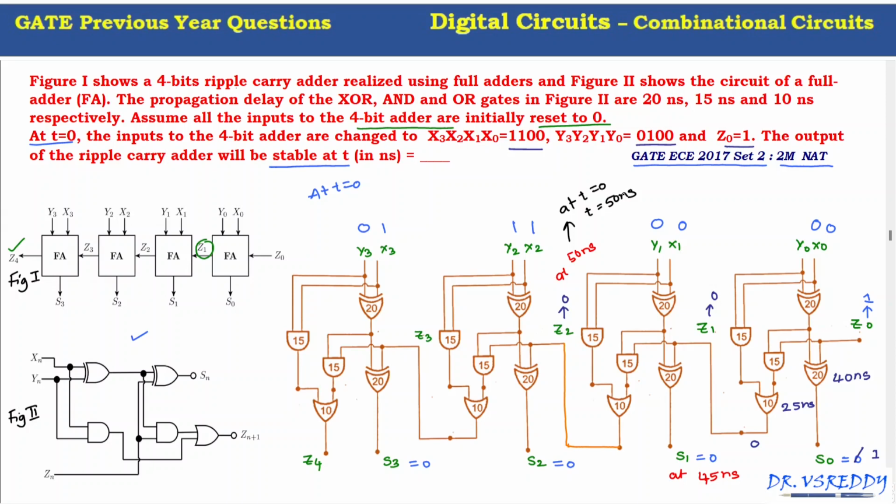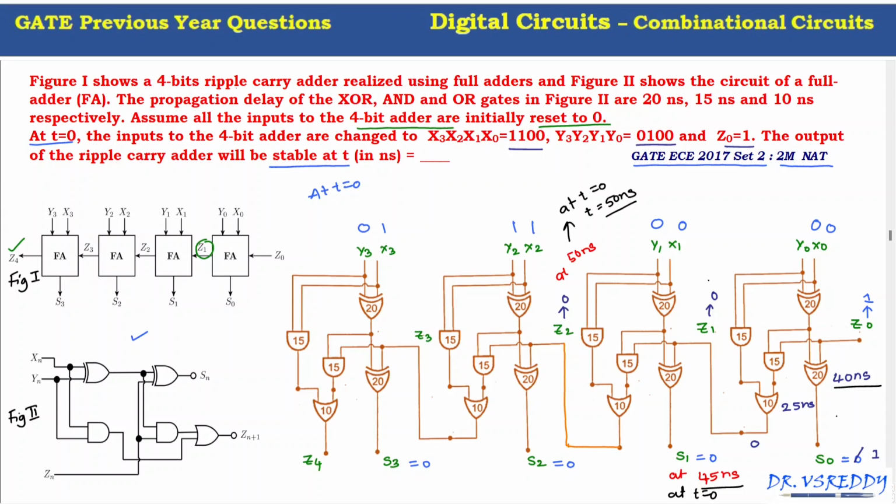So S0 is obtained after 40 nanoseconds and S1 at 45 nanoseconds. At t equal to 0 also, S1 is 0. There is no change in S1 and z2 even after 50 nanoseconds, or at t equal to 0, the same value.